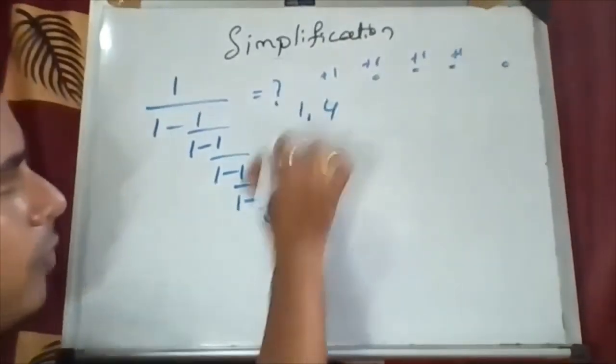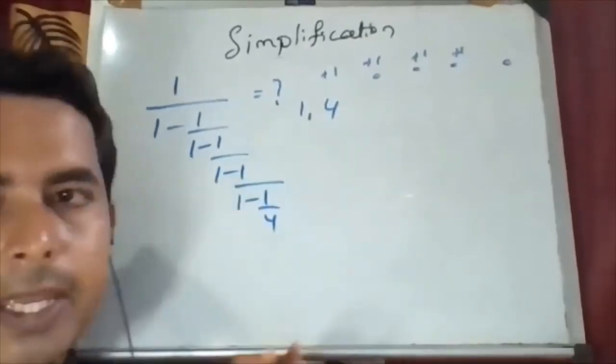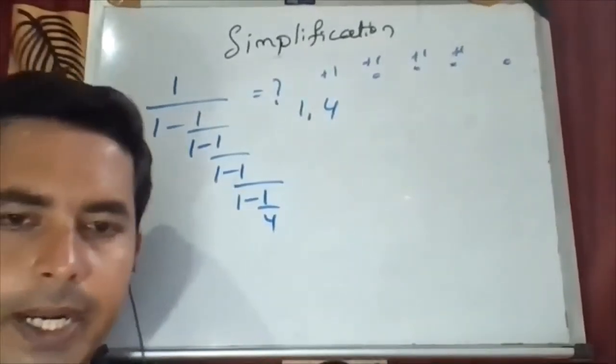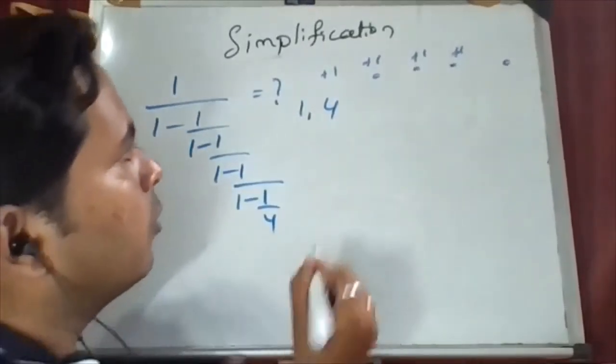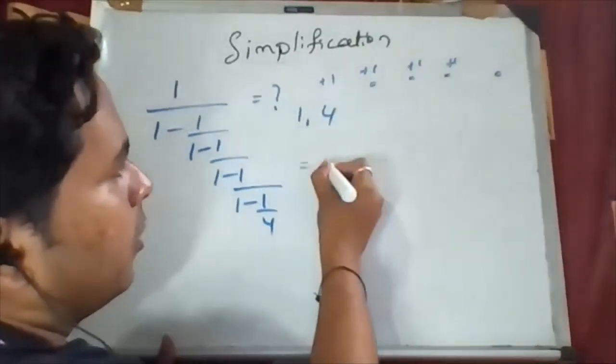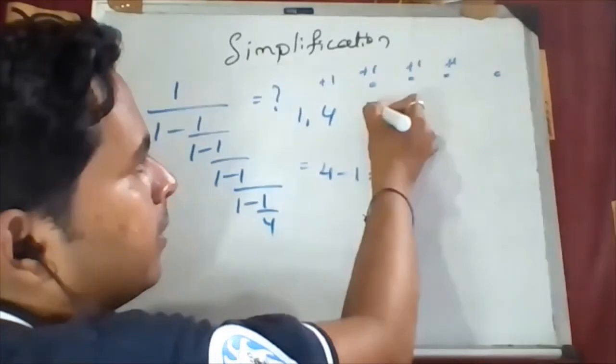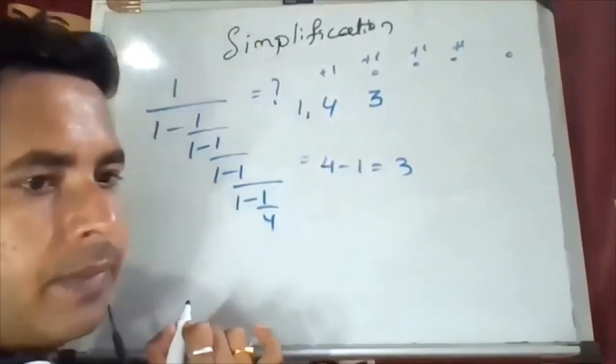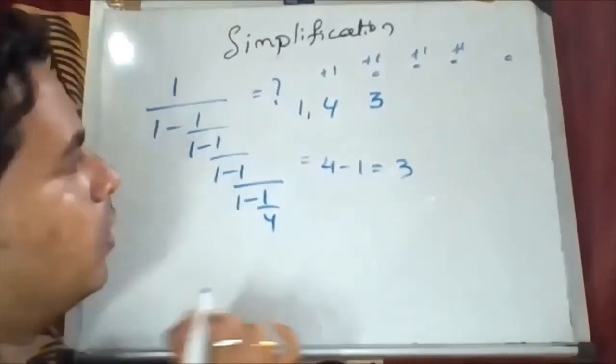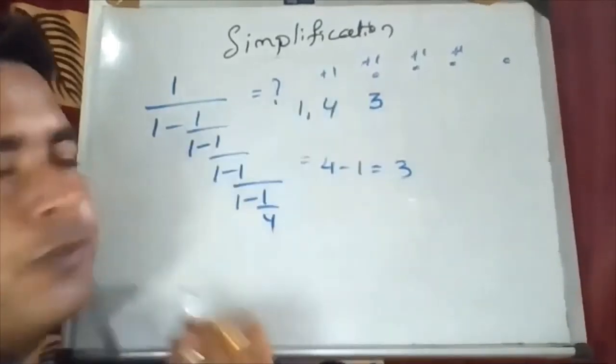So here what we were doing? We were adding 4 plus 1 like that in the previous, but here what you have to do? 4 minus 1 you have to do. 4 minus 1 you'll get a 3. So the next number comes 3. Okay. Next one what? 3 minus 4 you have to do.